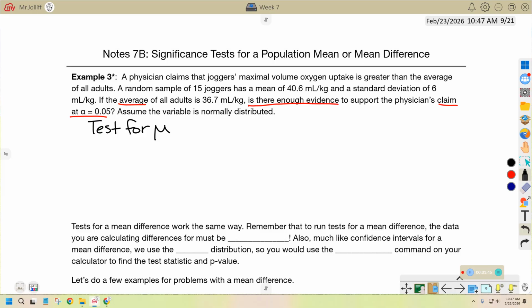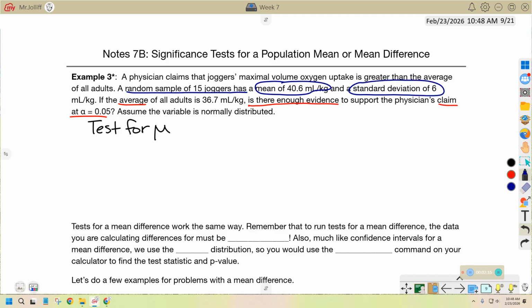And to do that, I scan the problem for standard deviation. And the question I'm asking myself is, is it a population value or a sample value? So when I scan through here, I see random sample of 15 joggers has, and then they give me a mean for that sample, and they give me a standard deviation for that sample.